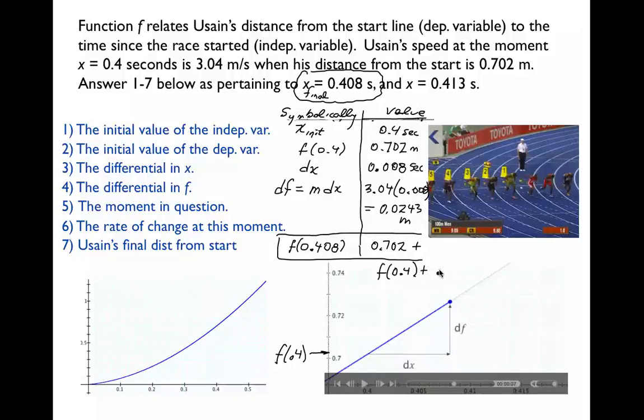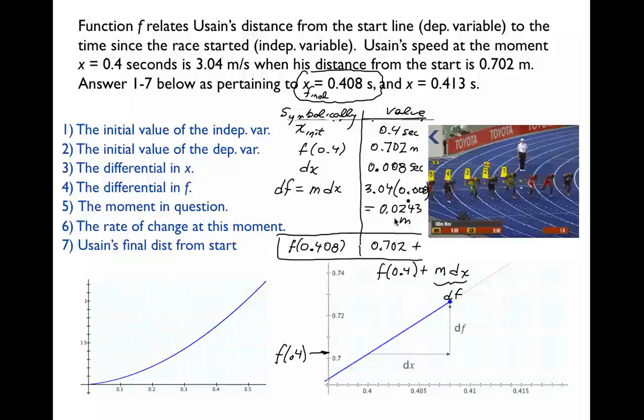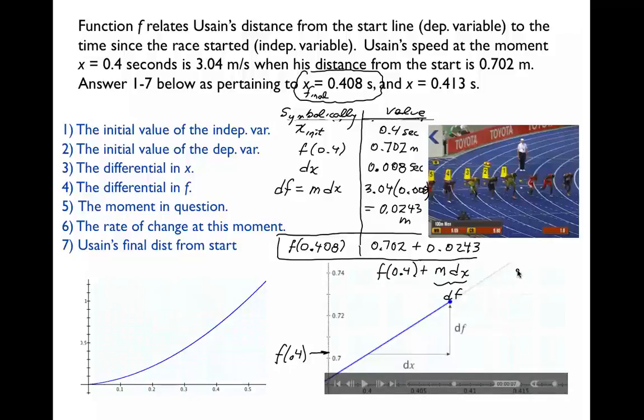So I could write df here, or what else could I write? M dx, or df. And that change we just found, 0.0243. The final value of a quantity is the initial value plus the change.